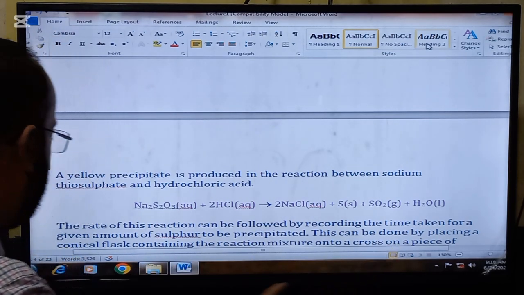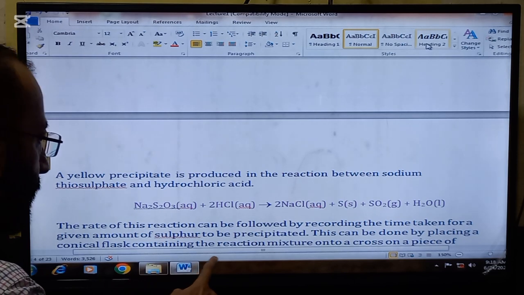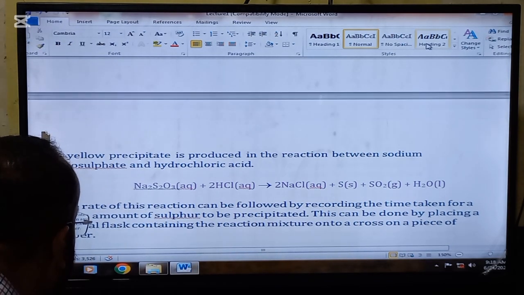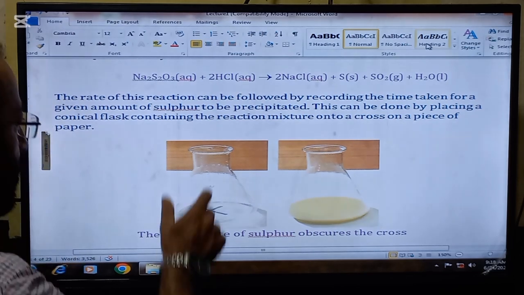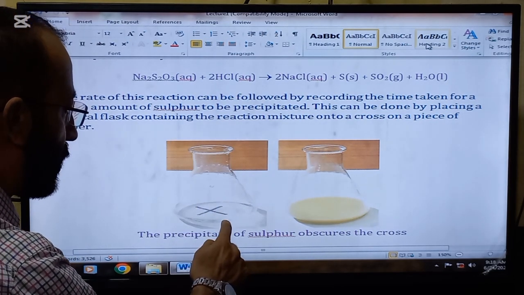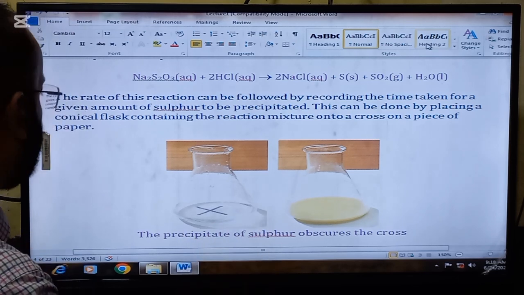This can be done by placing a conical flask containing the reaction mixture onto a cross on a piece of paper like this. The flask will be placed on a sheet of paper on which a cross mark will be drawn.